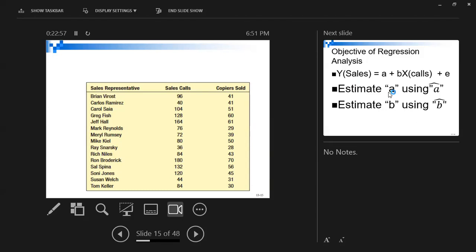So in that case, if you want to test the price elasticity of the good, then our hypothesis will be less than 1 or greater than 1, depending on whether we hypothesize that this good is price elastic or price inelastic.